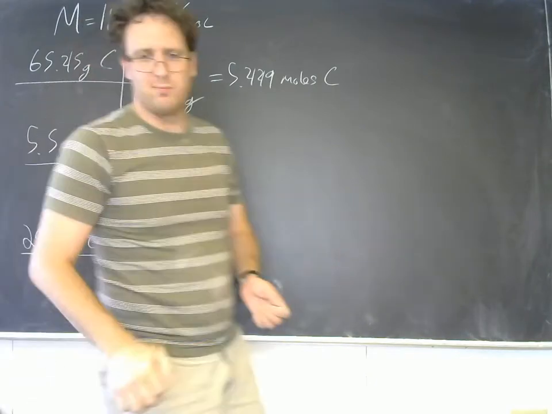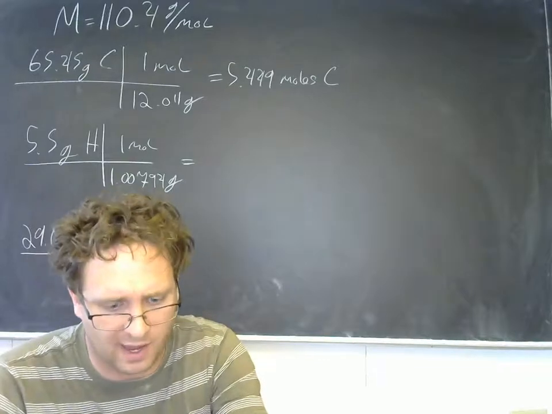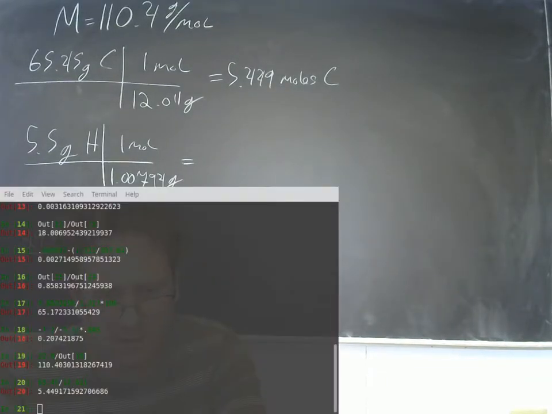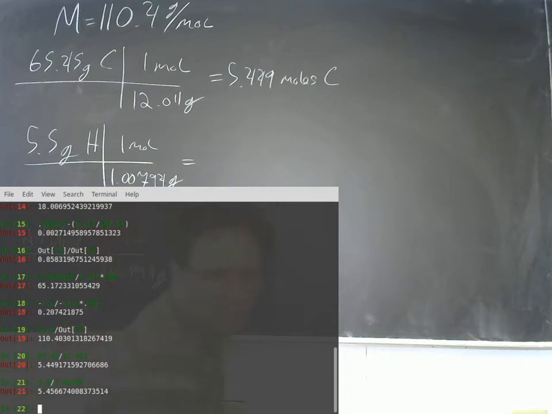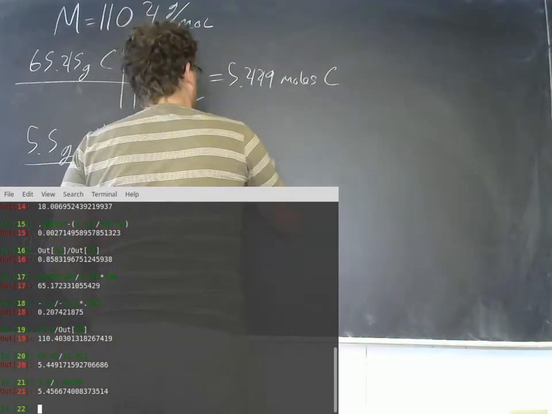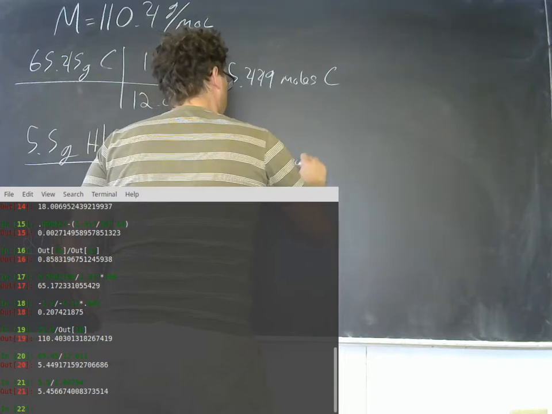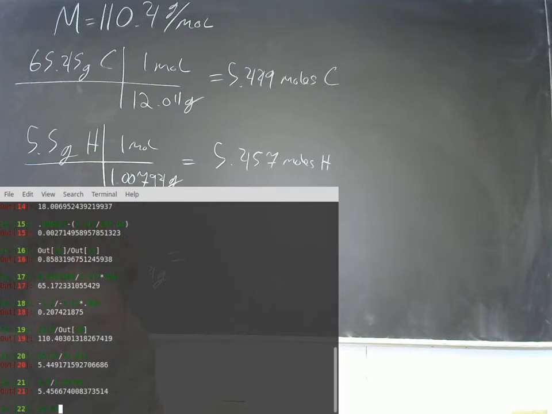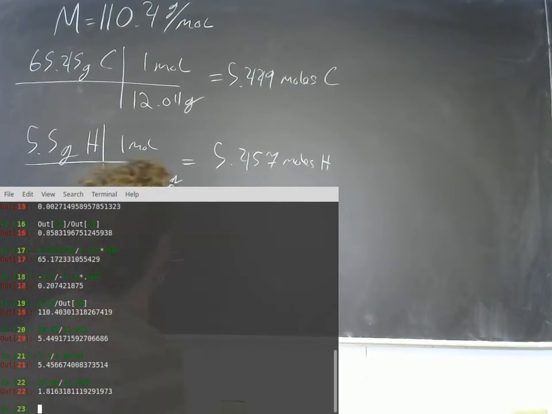Let's figure out how many moles of hydrogen and oxygen we have. 5.5 divided by 1.00794, that's 5.457 moles of hydrogen, and then 29.06 divided by 15.9994, and that's 1.816 moles of oxygen.